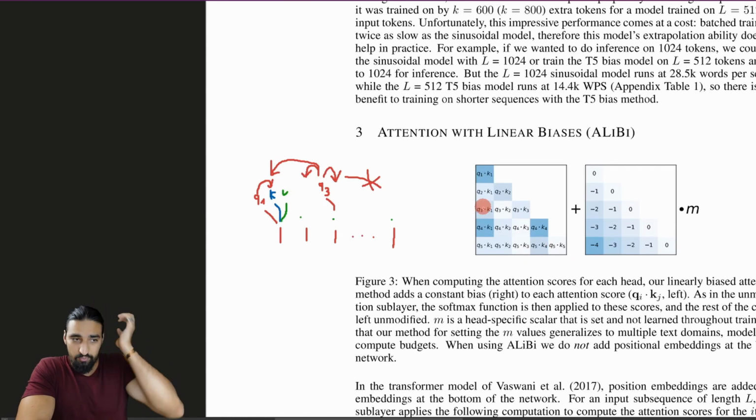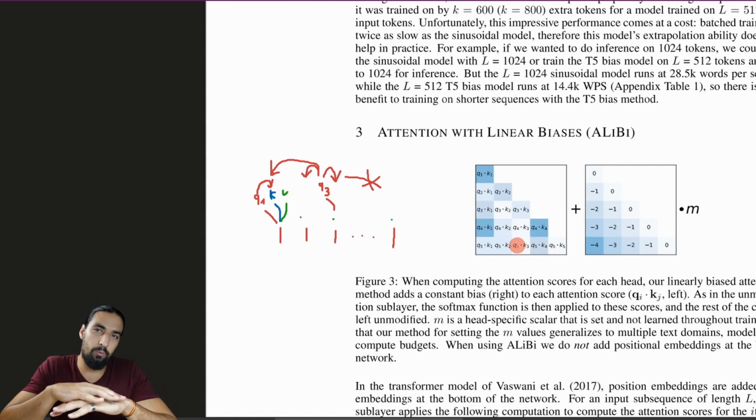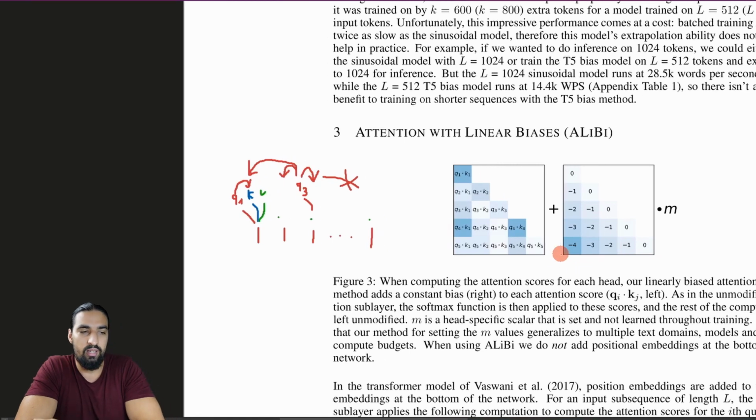And now these are attention scores, and after that we do some dropout, we do some softmax. That's your classical attention building block in the transformer. And the novelty here, what they did, is that instead of adding those sinusoidal embeddings, they just add this simple mask, as you can see the pattern here, which has this recency bias, because the further away the score is from the current query, so here we have query 5, the higher the penalty.